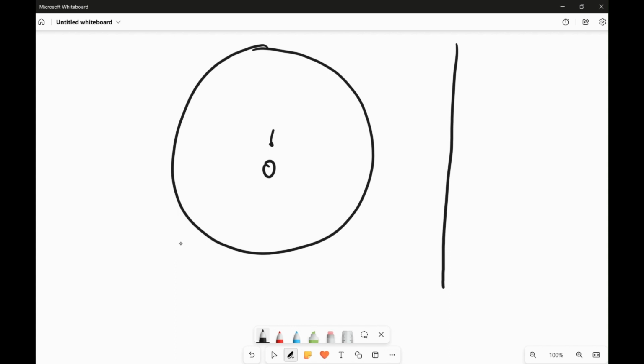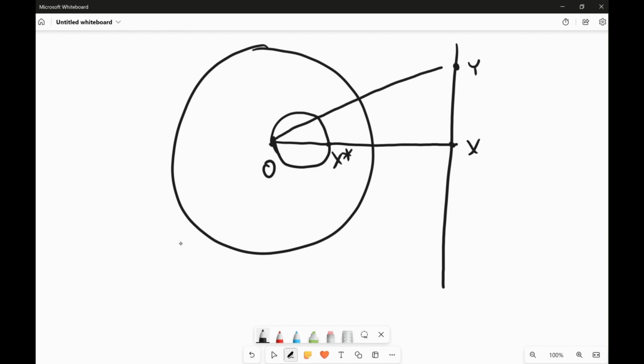And we want to find out what the set of points is, such that, if the foot from O to this line is X, then this is X star. Then we have another point Y on this line, and then we draw this, and then it intersects at a point Y star prime. What we want to show is that OY star prime times OY is equal to R squared, which is equal to OX star times OX.